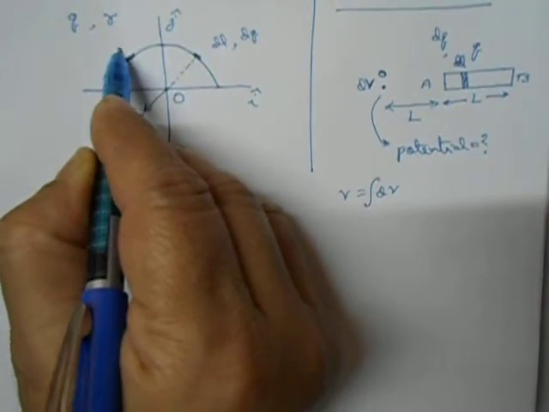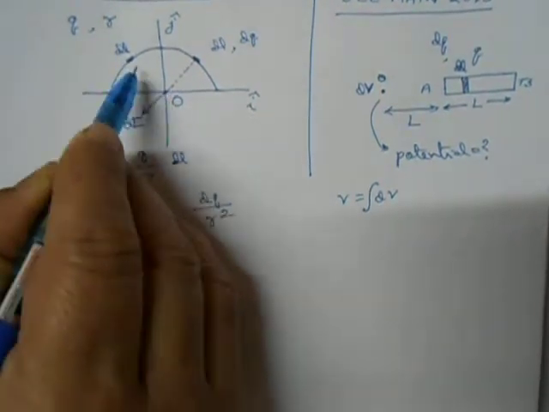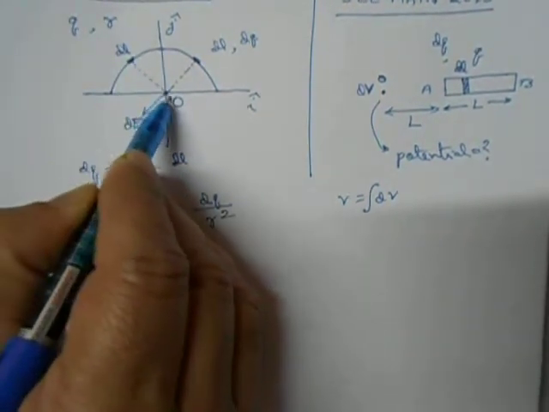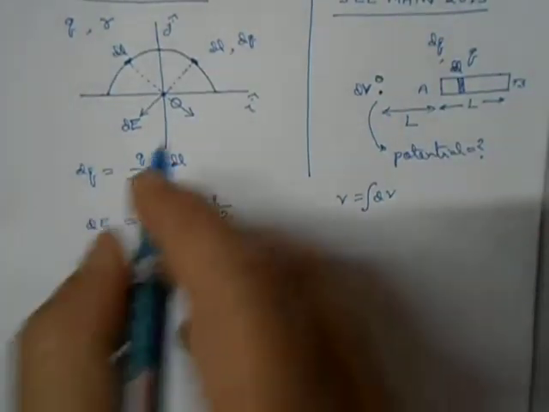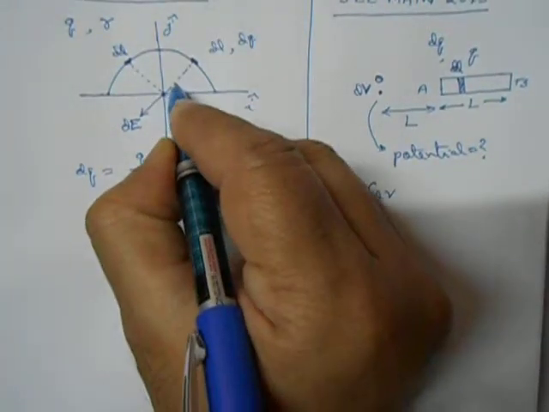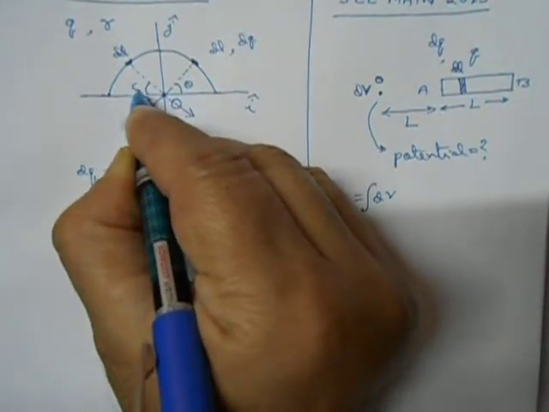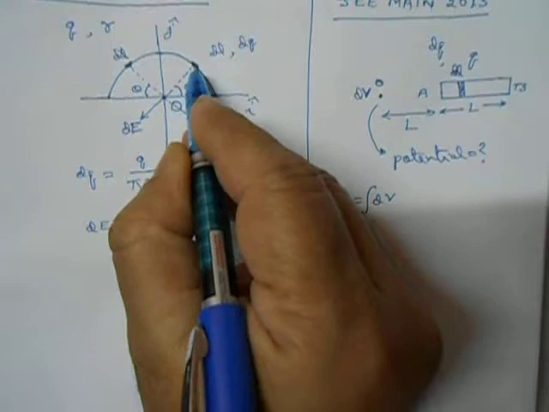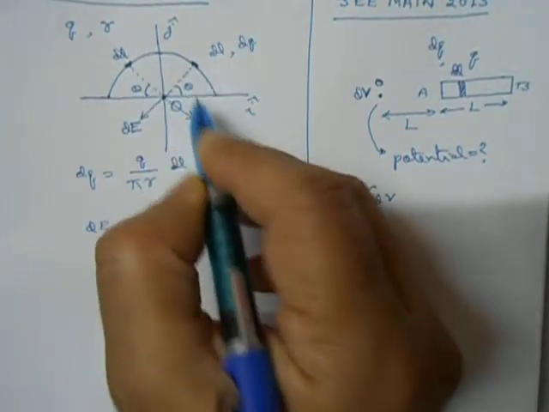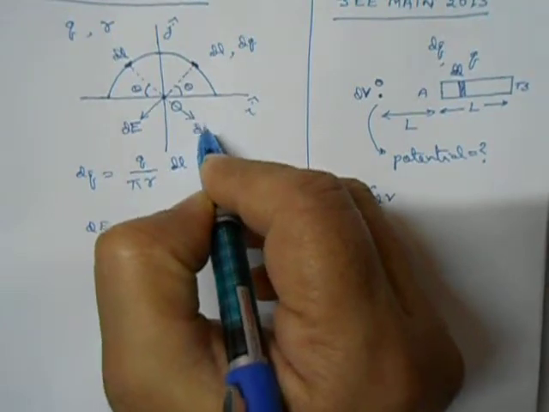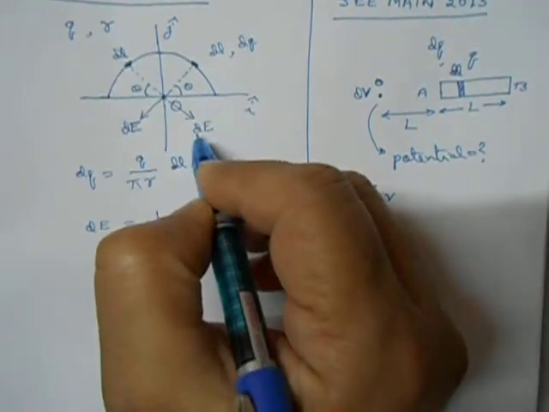So at this point, let's take another sample element dl. So electric field at O due to this sample element will be along this direction. Okay, so if this is angle theta, this angle is also theta. That is, this sample element and this sample element are symmetrical. So electric field due to this sample element will be along this direction.